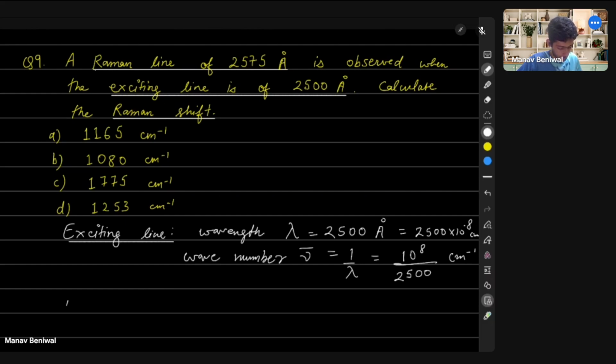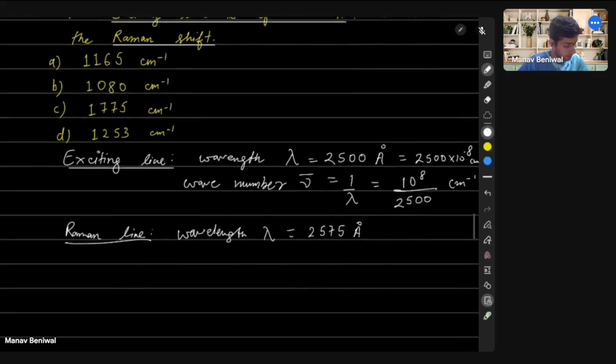And the other one is the Raman line. So here wavelength lambda is 2575 angstroms.